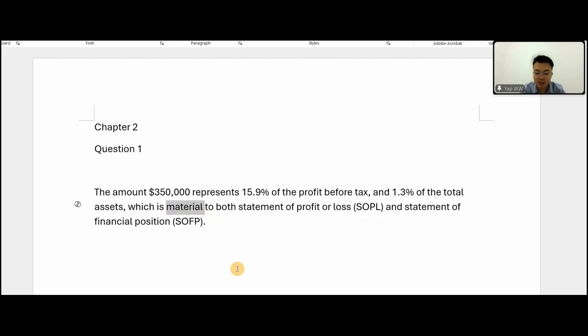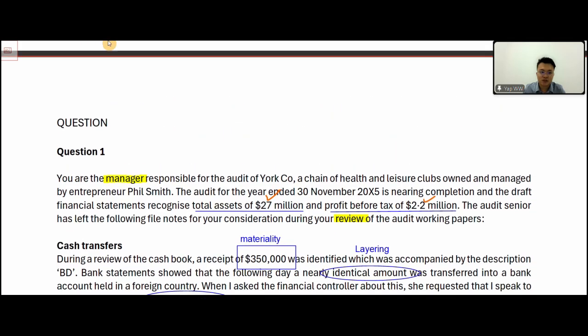Don't just calculate the percentage and hang there. I saw some scripts say the 350,000 represents 15.9% of the profit before tax, full stop. Then you don't get any marks, not even half a mark, it is zero. It is such a waste if you don't write your conclusion. The purpose of the calculation is to tell whether this amount is material or not. So how much is considered material? You may jot down the materiality level in your notes.